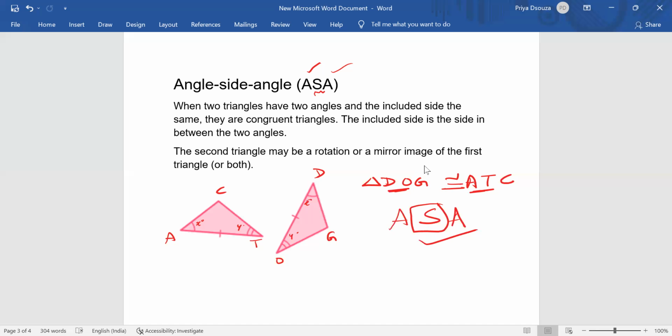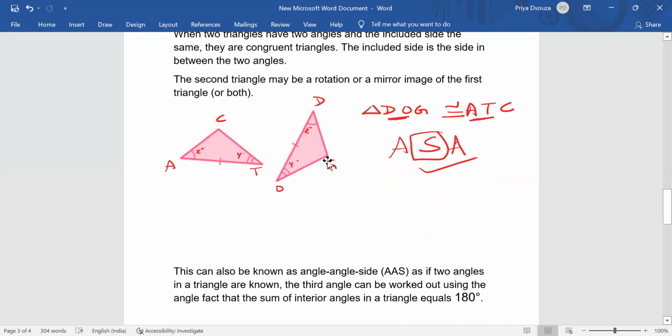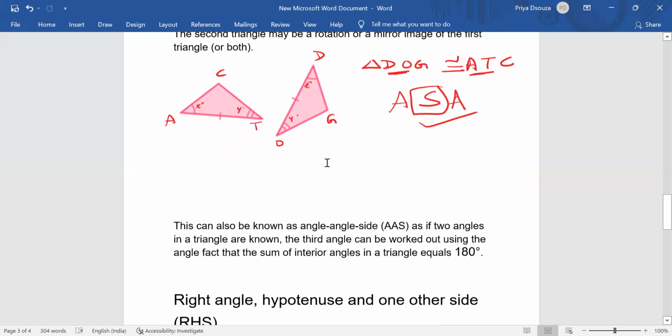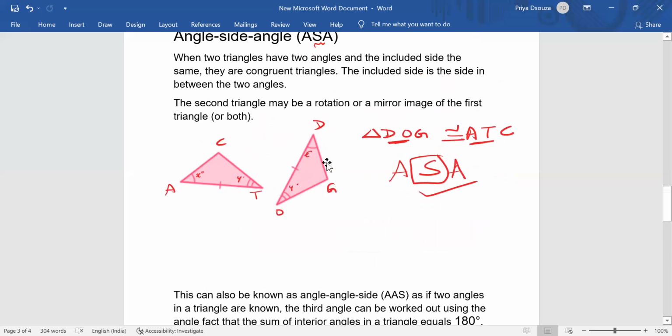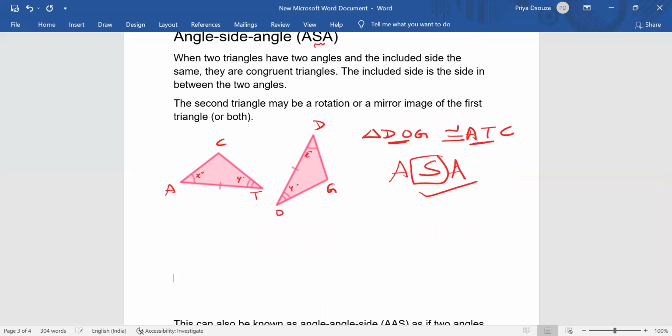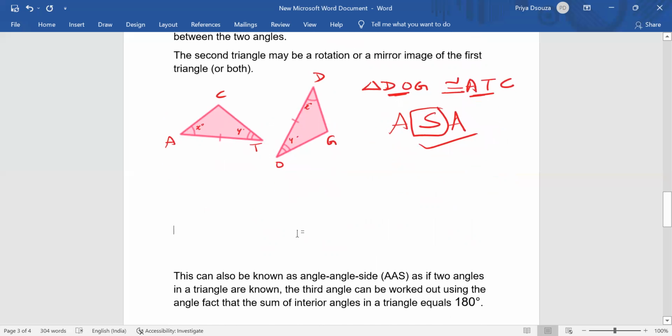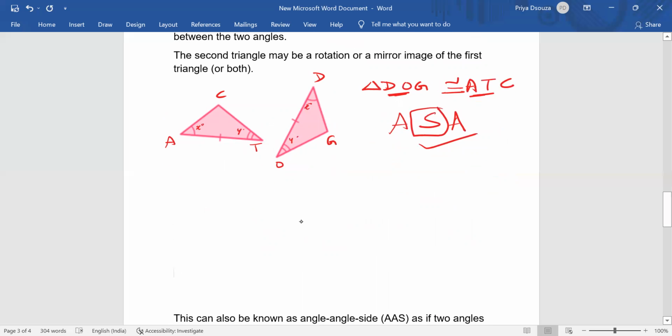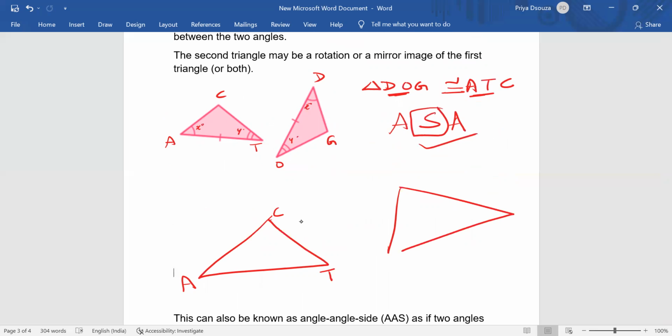Yes. Now there's another variant of this, or a version of this. So this is also known as AAS. Why? Now this is because of the angle sum property. Okay. To just give you an example, now suppose I have, let's say, CAT, and I'll give you another triangle, let's say HEN.